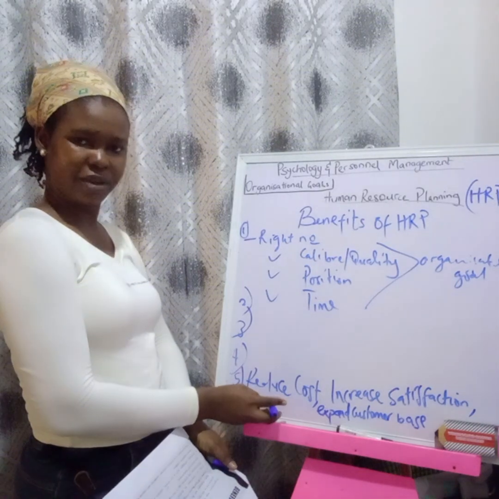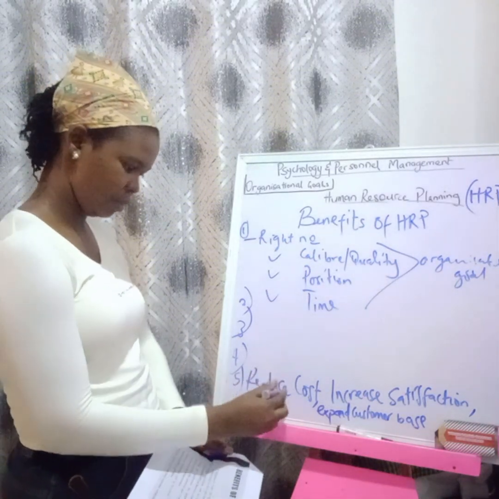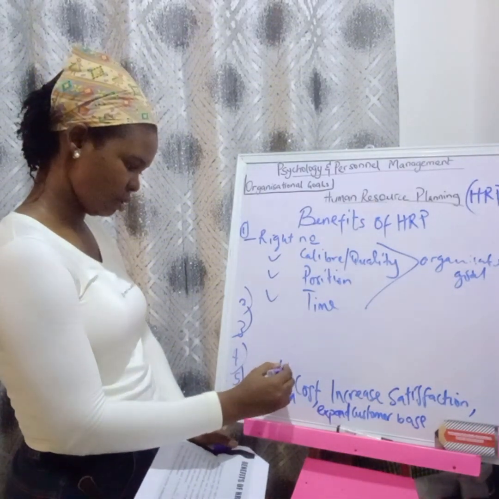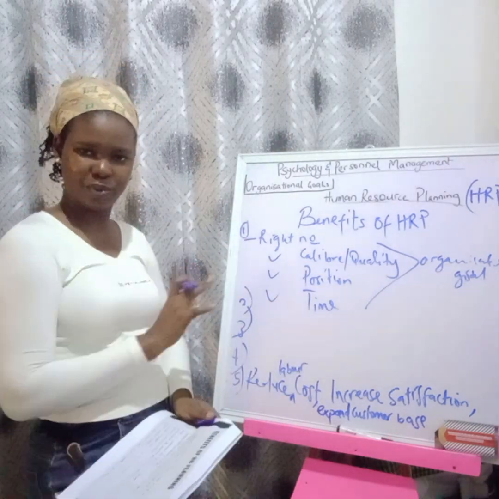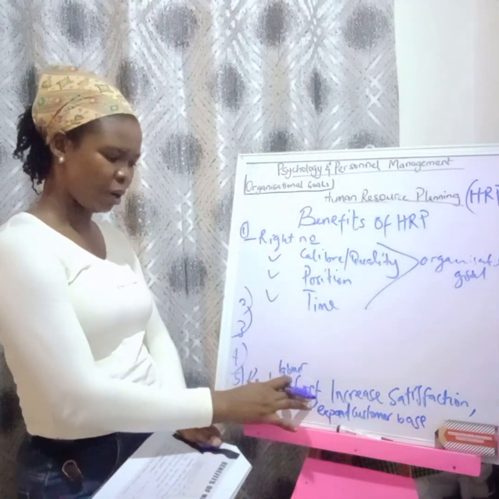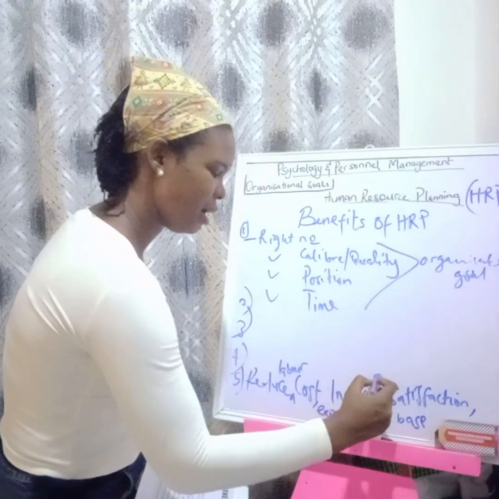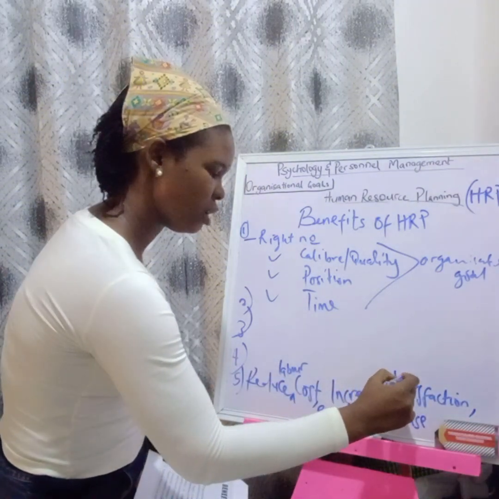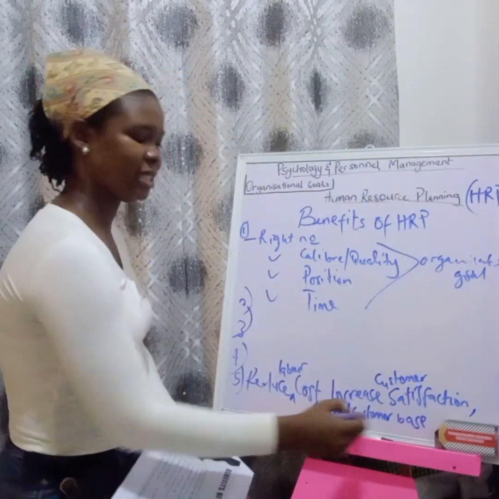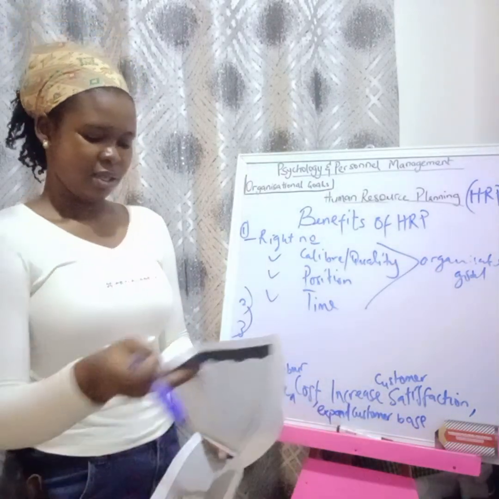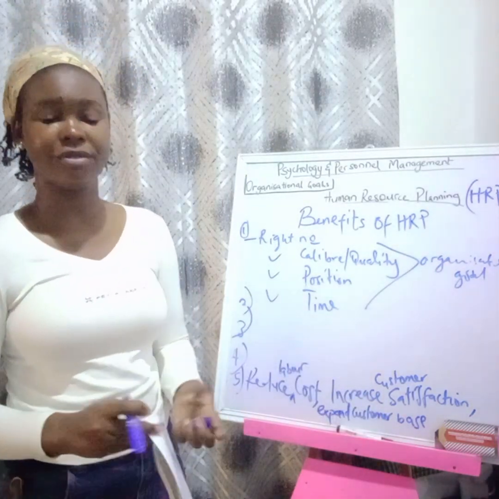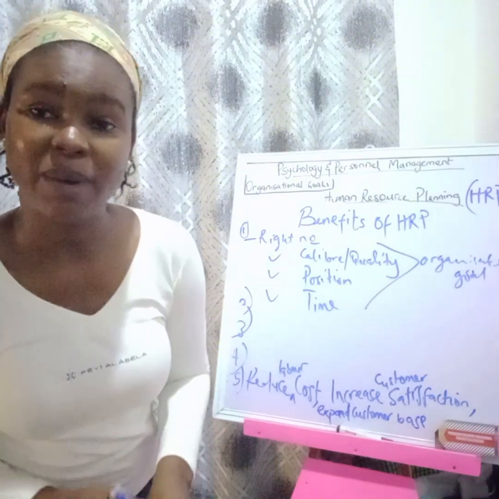Reduce costs. We are reducing labor costs. Because our own is labor. HRP is labor. So reducing labor costs, increasing customer satisfaction, and expanding customer base, growing. So that is the end of human resource planning.